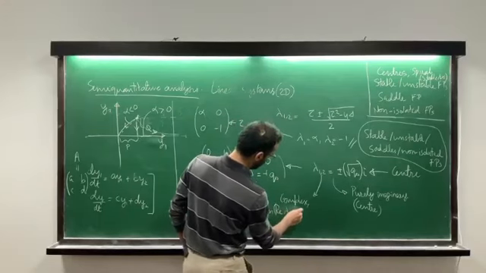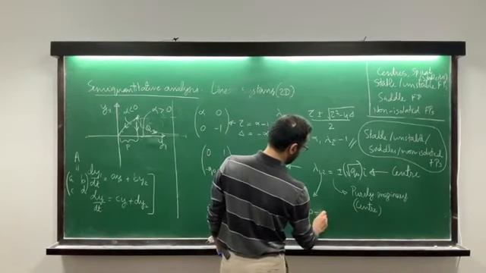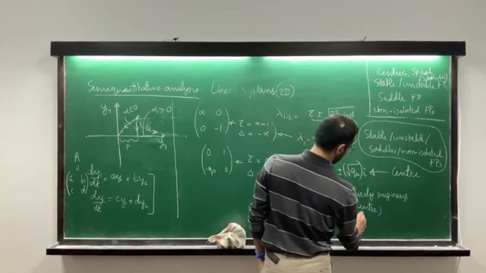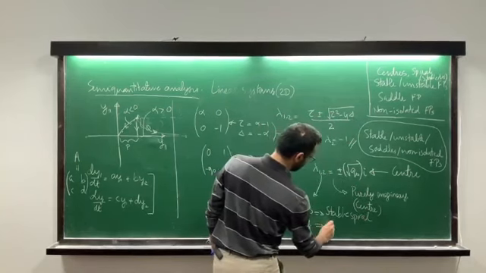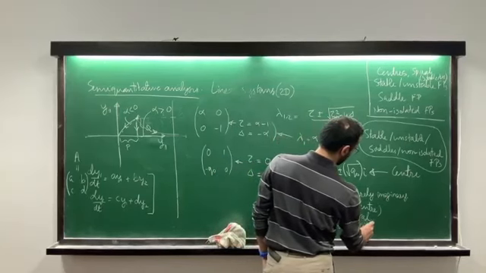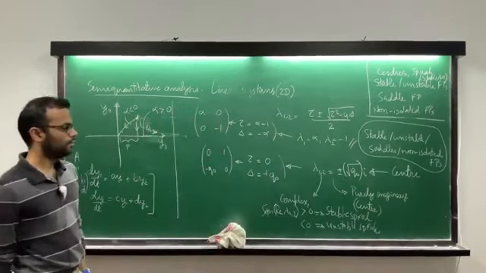So depending on the sign of the real part of any one of them, if it's greater than 0, you will have an unstable spiral. If it's less than 0, you have a stable spiral.